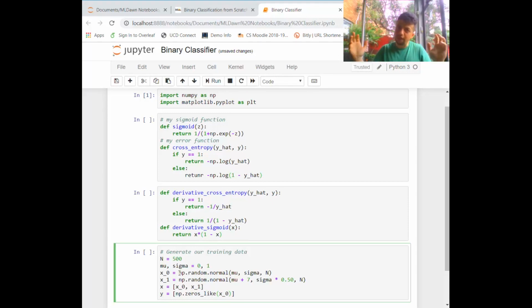How many examples do you have there? Generate a numpy array full of zeros with this size. So it would generate a numpy array with size 500. The same story, np dot, this time ones_like, this time x1. Yeah?